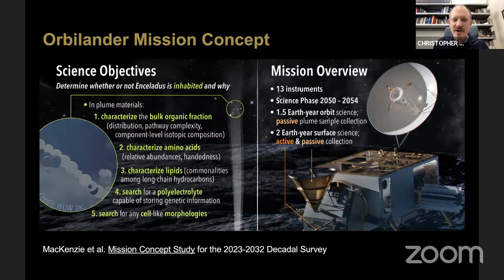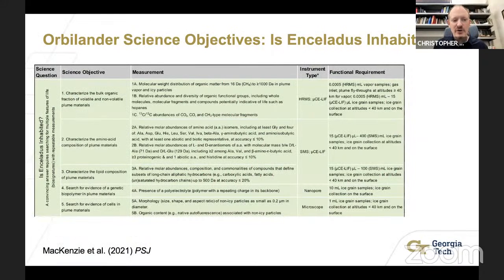The very brief summary that I will give is that this mission would be an orbiter for about 1.5 years, and then would go to the surface and collect additional sample using a funnel-like structure that you can see on the right there. And if you go read that report or the associated article in Planetary Science Journal, you can review the science objectives. And one of those is, Is Enceladus inhabited?